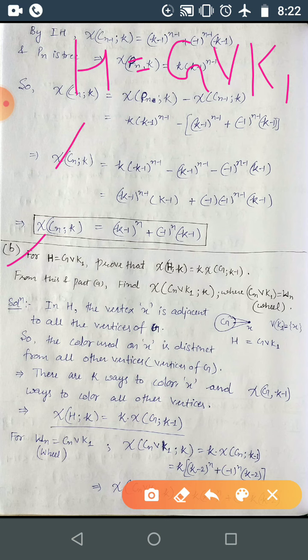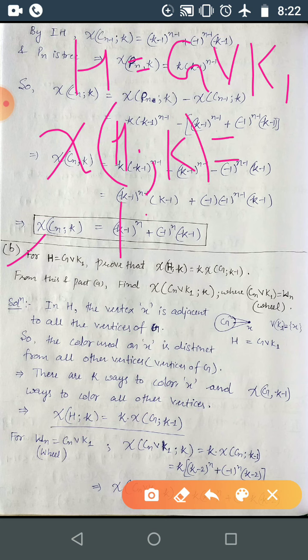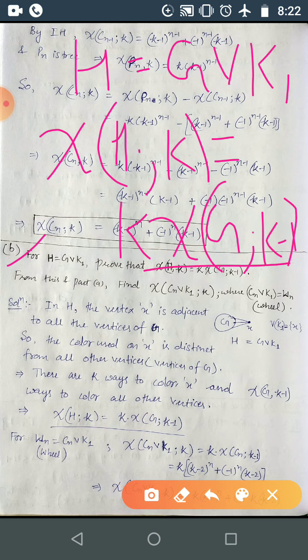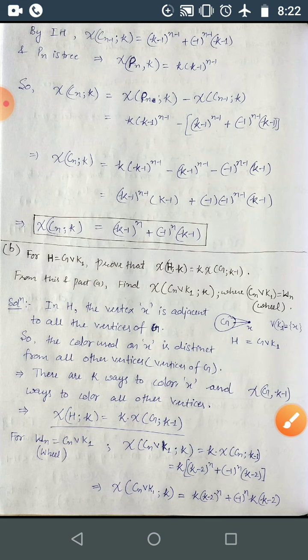Prove that chromatic polynomial of H when k colors are given is equal to k into chromatic polynomial of G when k minus 1 colors are given. This we need to prove. So for this one we have k choices, and the rest term we need to prove, correct?